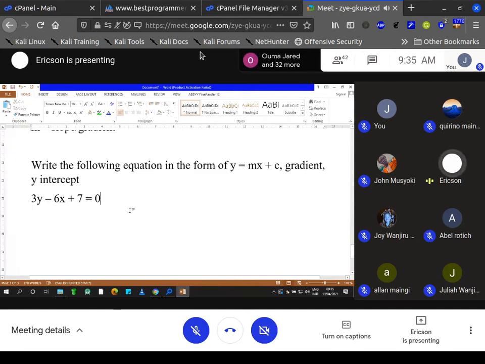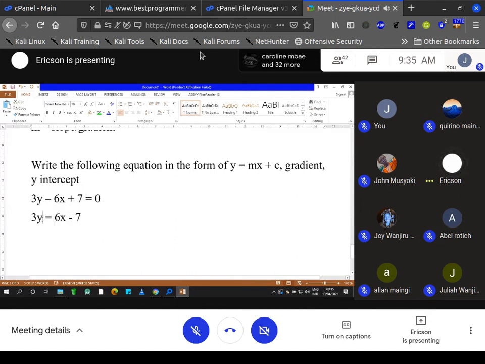You must have y on one side, and the rest of the values should go on the other side. So this should be equal to 6x minus 7. Then from there, divide both sides by 3.